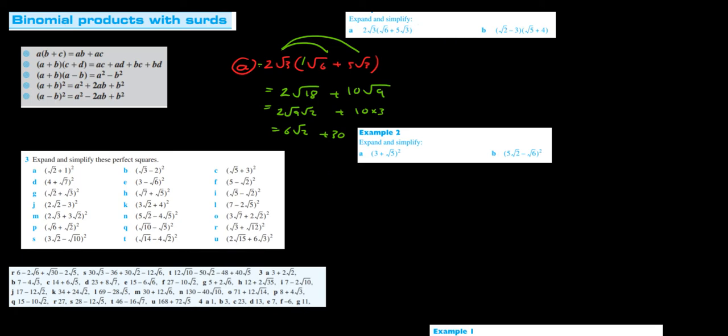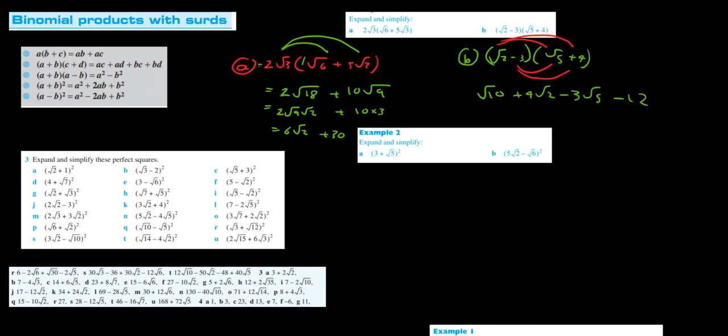Okay, so let's have a look at doing B. So B, we have the root of 2 minus 3, and the root of 5 plus 4. So we need to use the distributive rule. So that gives the root of 10 plus 4 root 2 minus 3 root 5 minus 12.